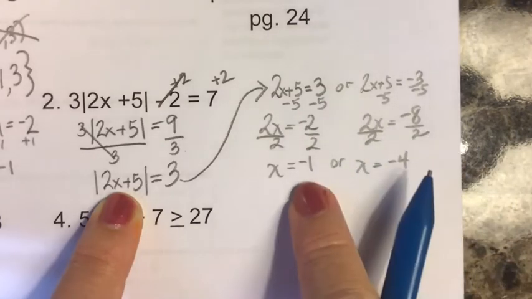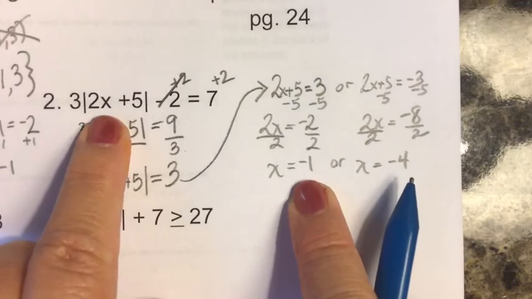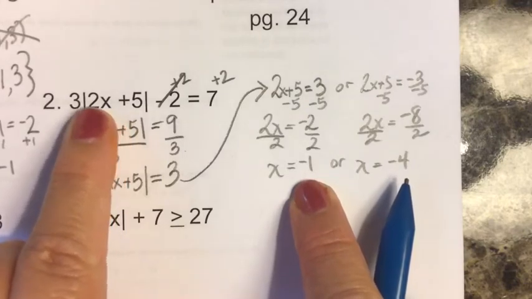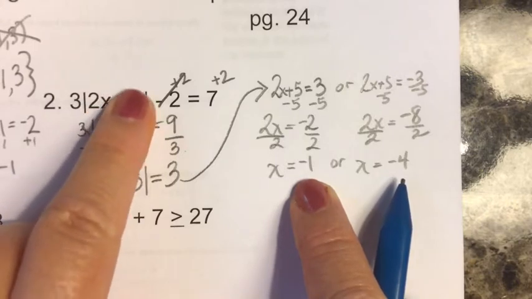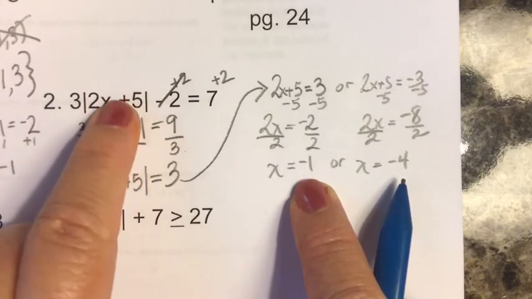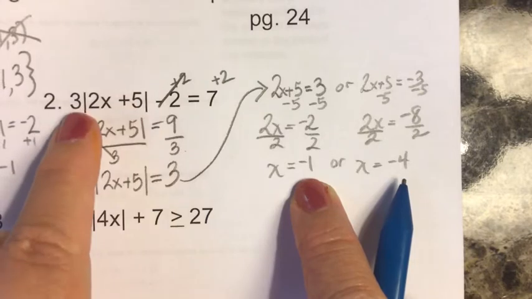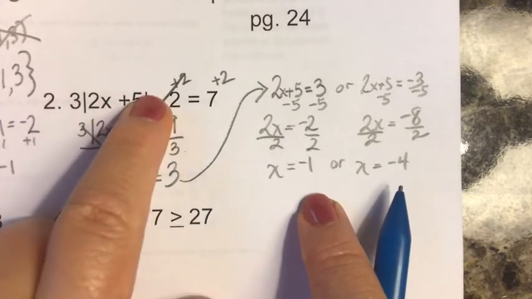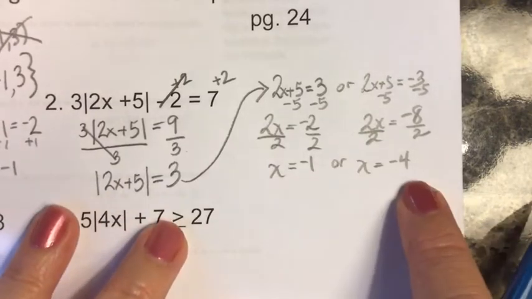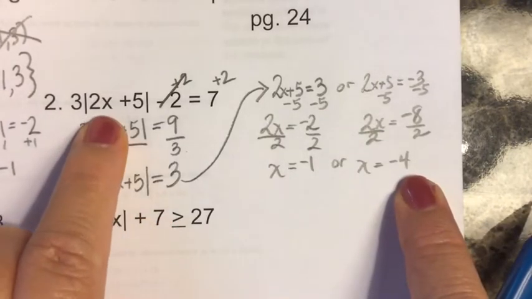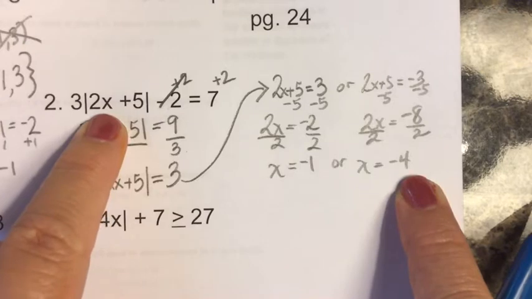And let's check those. 2 times negative 1, negative 2. Negative 2 plus 5, positive 3. The absolute value of positive 3, 3. 3 times 3 is 9. 9 minus 2 is 7. Negative 1 is a solution. Let's try negative 4. 2 times negative 4, negative 8.